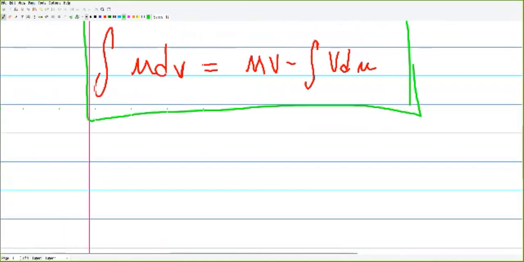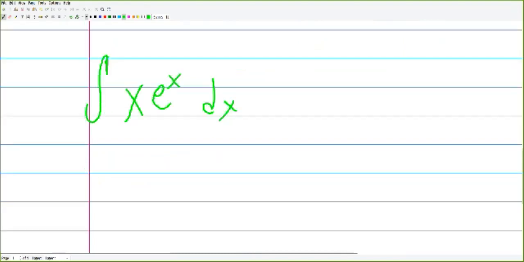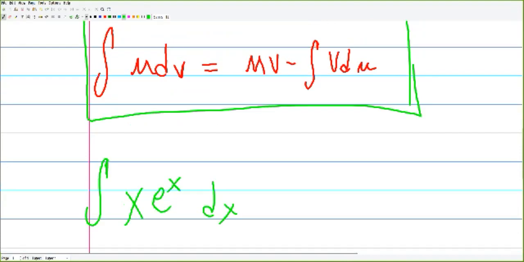So let's say we have an integral, x e to the x dx.